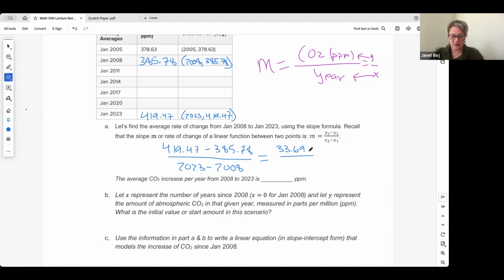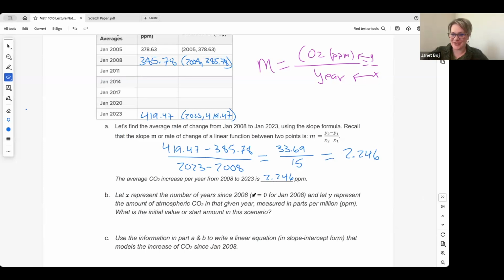And then 2023 minus 2008, we're talking about 15 years here. So 33.69 divided by 15. That means your rate of change is 2.246. The average CO2 increase per year from 2008 to 2023 is 2.246.